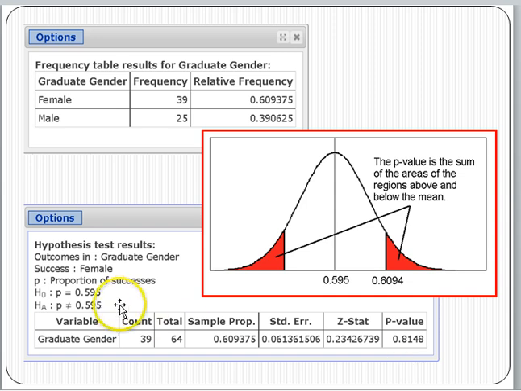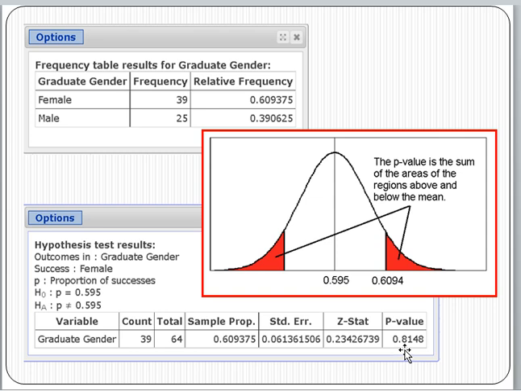That would say that if the proportion of all graduates that are women at NKU is truly 0.595, our chance of finding a sample proportion of 0.6094, I rounded, or more, or essentially some equal value that is less, because it's a two-sided hypothesis, we're looking for evidence that the proportion is significantly greater or significantly less than 0.595. Anyway, that p-value is 0.8148.